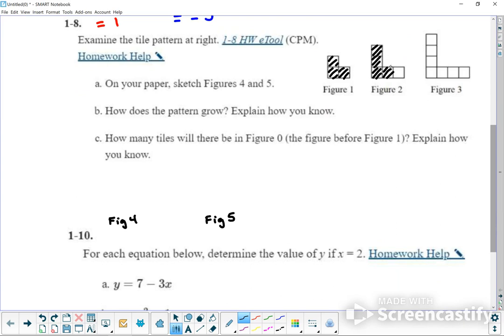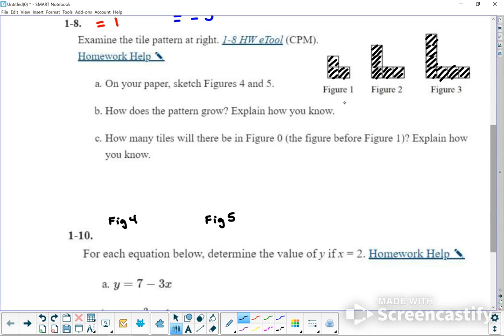So we're adding 2. Figure 3 has a total of 7 blocks, so it has 2 more than figure 2. But we're adding 2 more. So actually each time that it grows to the next figure, it's going to grow by adding 2 more.